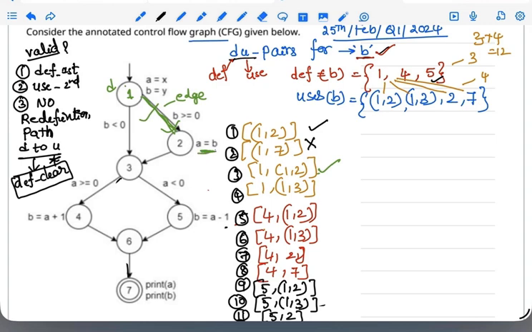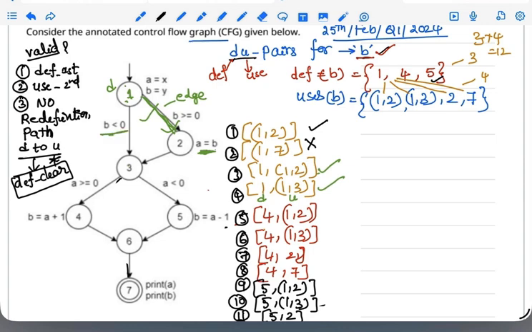We do not redefine the variable b, we are only using it. So it is a valid du-pair. Then 1 comma (1,3) is also a valid du-pair, because the definition is first and the use is second, at the edge 1 to 3, b less than 0.